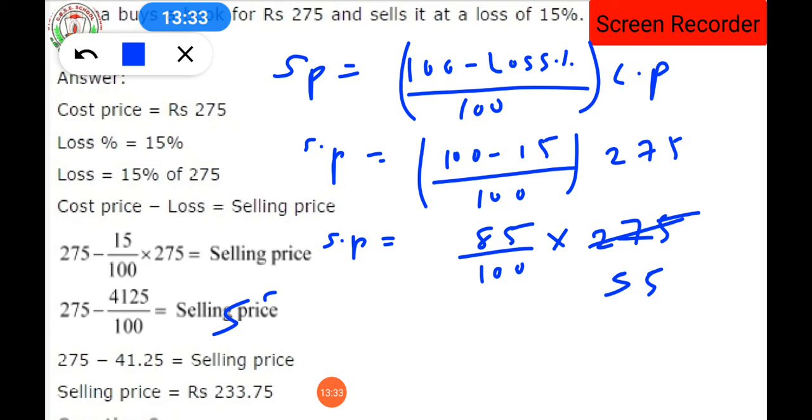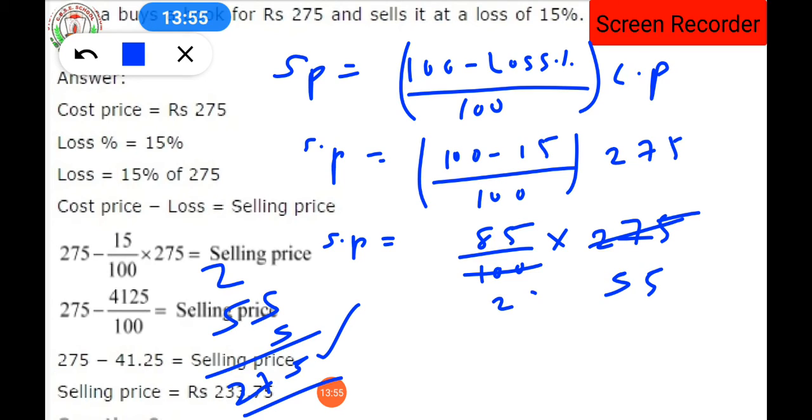In order to cross check, we multiply by 55: 5 5s are 25, 5 5s are 25 plus 2 is 27. So this is the correct number. Here it will get cancelled, and 10 comes in the table of 5 2 times, so here it will be 20. Now again 20 and 55 will get cancelled by the table of 5, so 20 gets cancelled 4 times and 55 gets cancelled 11 times.